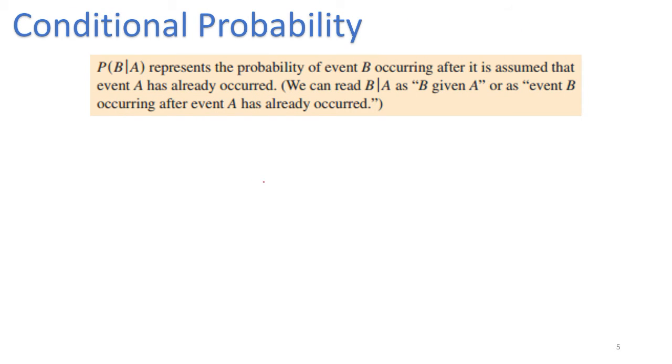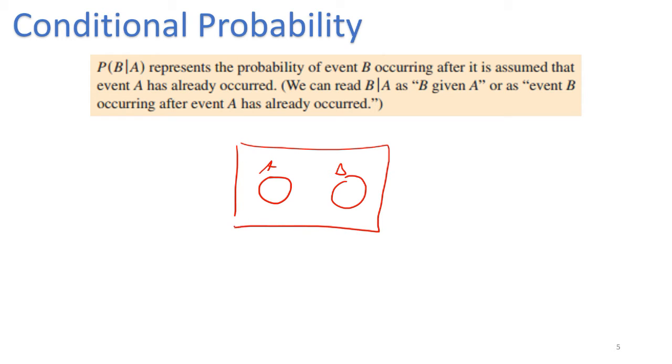Let's say we have two events. We have the event A, and this is some event B. So this is our little Venn diagram here. And again, everything here is our sample space, otherwise known as the universal set.